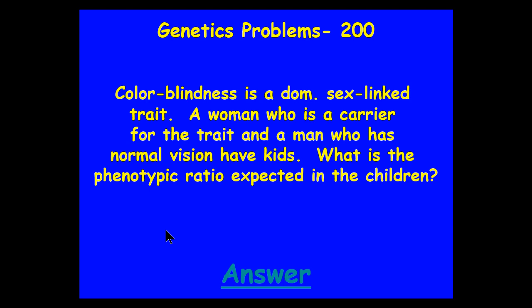Okay, what is the phenotypic ratio expected in the children? Okay. All right, we've got a. Sorry, I'm talking to myself.